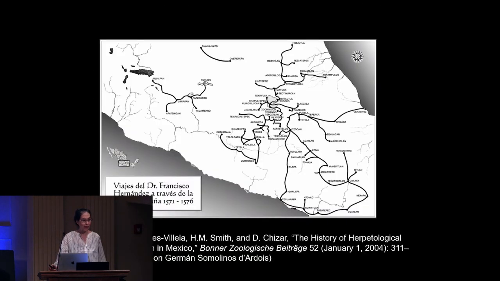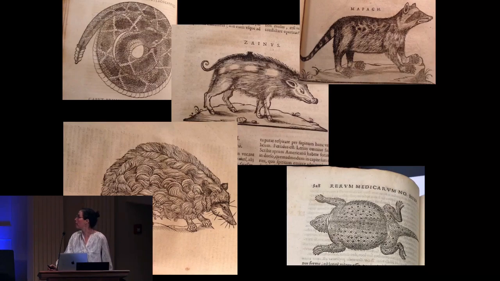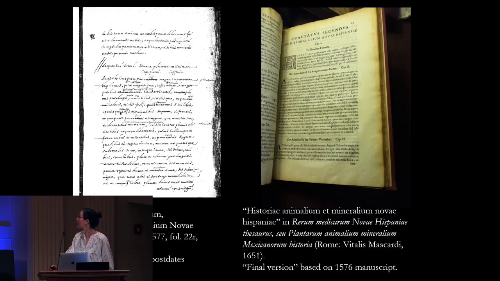A little bit more about this, as I mentioned already, Hernandez was in New Spain for 7 years. 3 of them he was traveling around with a large indigenous entourage of the interpreters and guides, and also painters who he trained, showing them European natural history books, but made by indigenous artists.